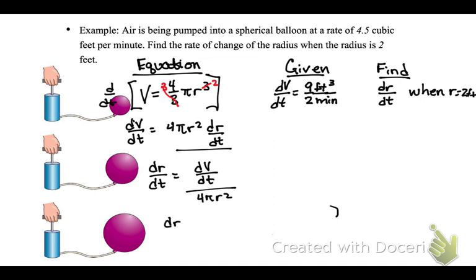So dr/dt equals 9 feet cubed over 2 minutes times 1 over 4 pi, and what's r? 2, so squared would be 4. Is this what we're supposed to be doing?